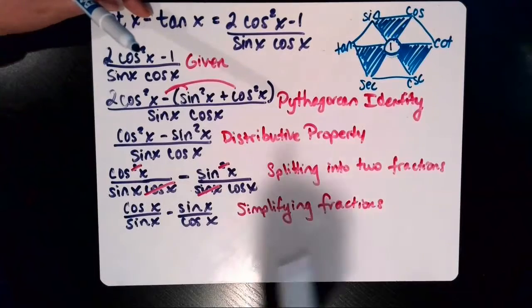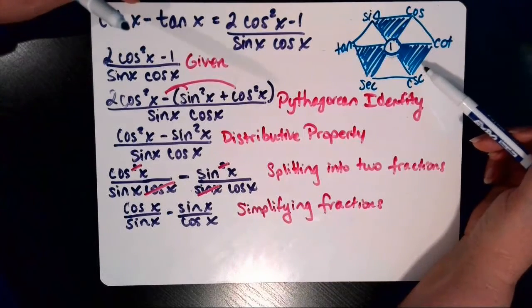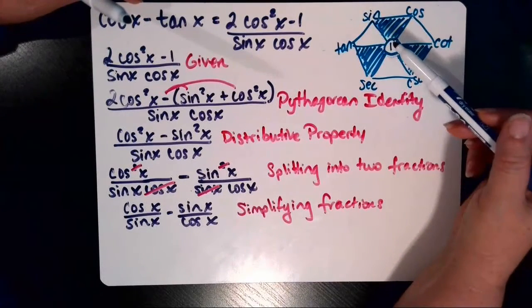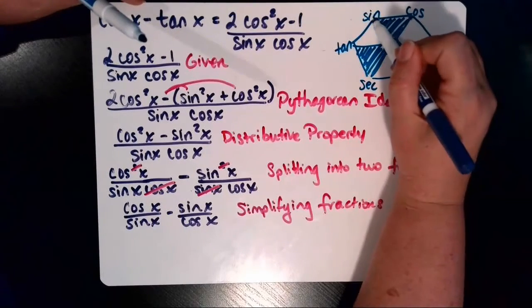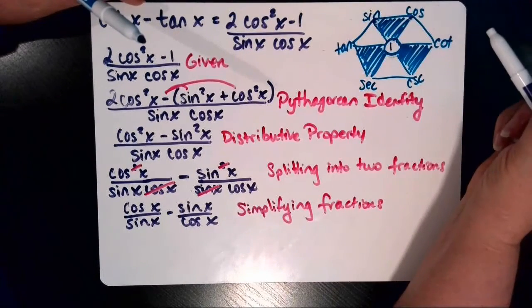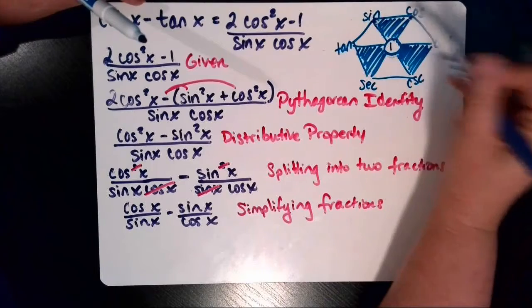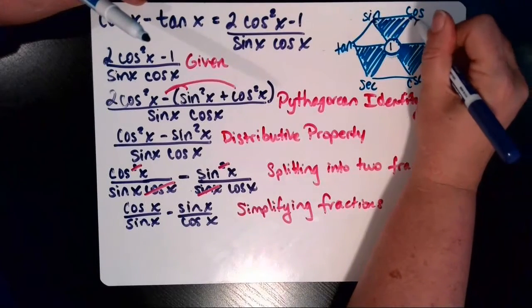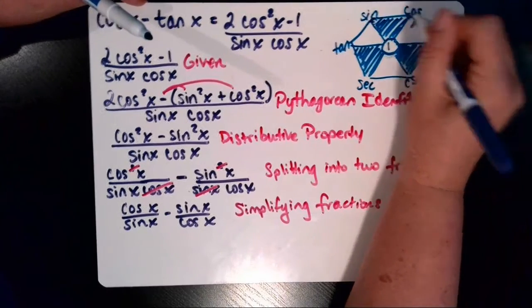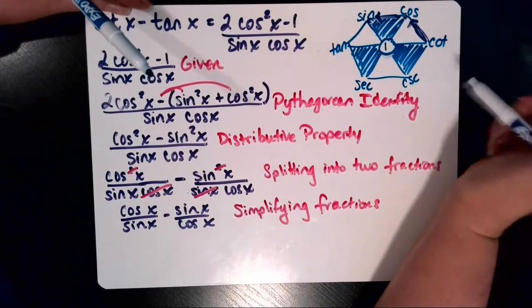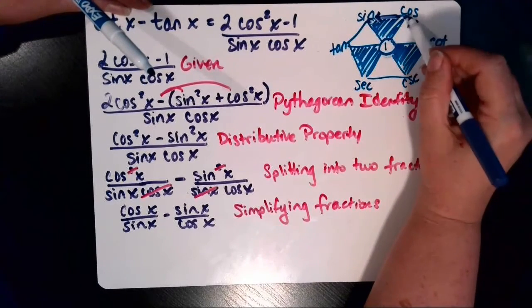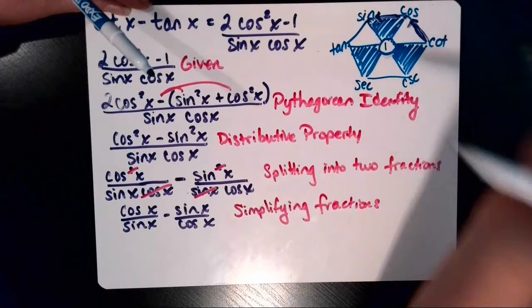And then looking at our hexagon for the fundamental trig identities, cosine divided by sine, here's cosine, here's sine, and we would be using a quotient identity then, because remember the next 2 consecutive vertices form a quotient identity on the hexagon. So cotangent is the ratio of cosine divided by sine.